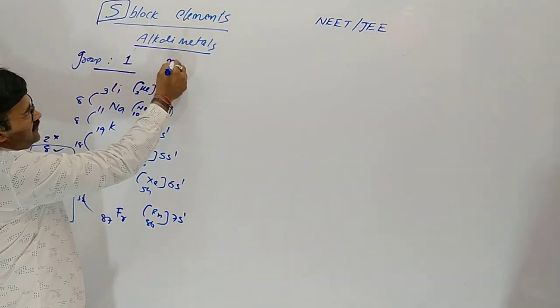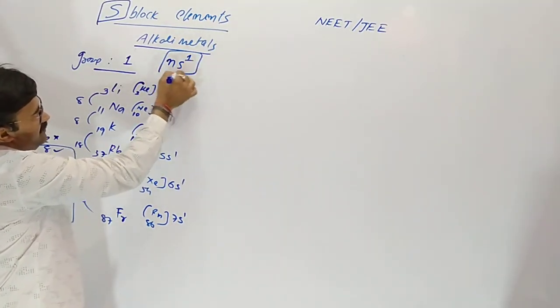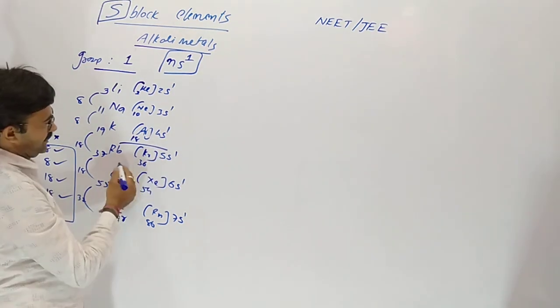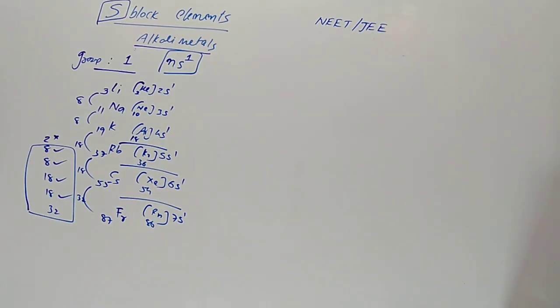So the outermost configuration is the common general ns1. Only one electron in the outermost orbit, so all the elements are highly reactive.